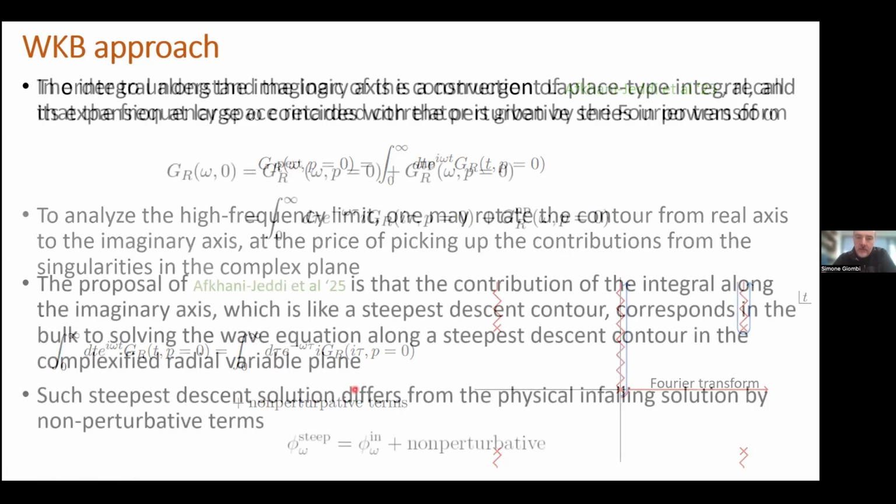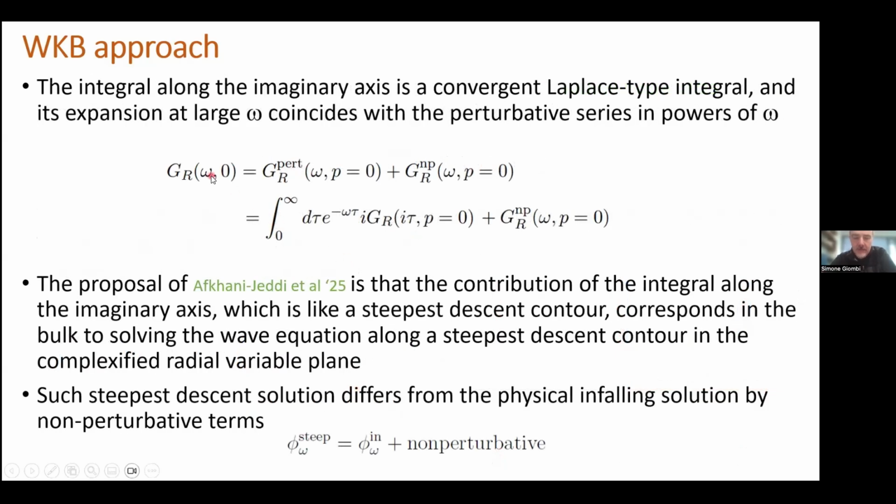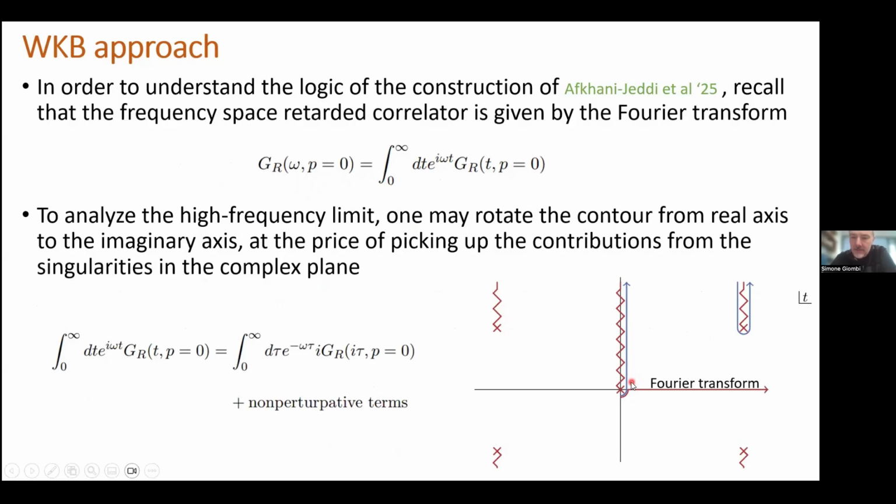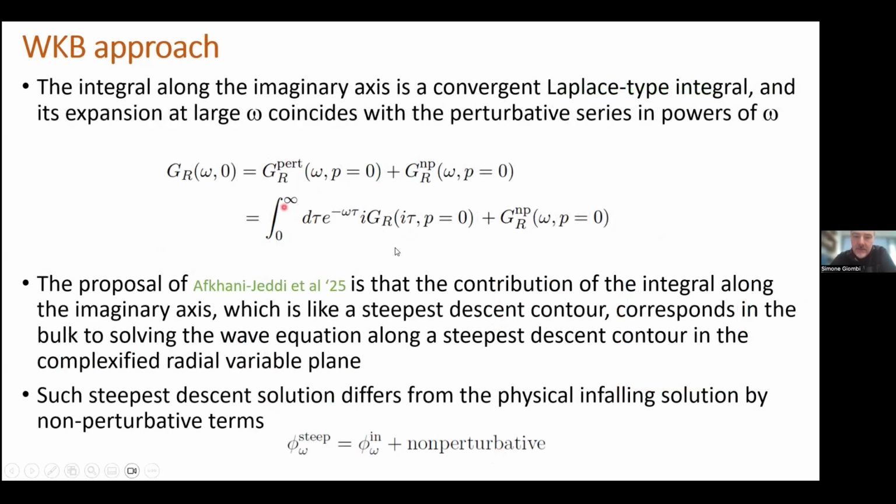Okay. Now, one observation is that if we write the full answer as perturbative plus non-perturbative part, where perturbative means series in powers of 1 over omega, and non-perturbative means these exponential corrections, then one can see that the contribution of going along the imaginary axis here just coincides with the perturbative part, because this is a convergent Laplace type integral, and you can just expand it term by term at large frequency, and so it does not contain any non-perturbative terms.